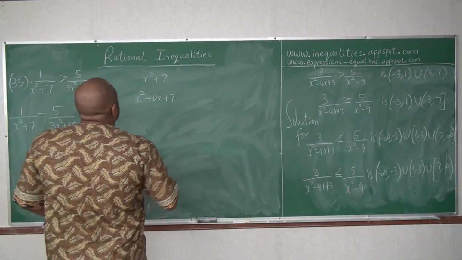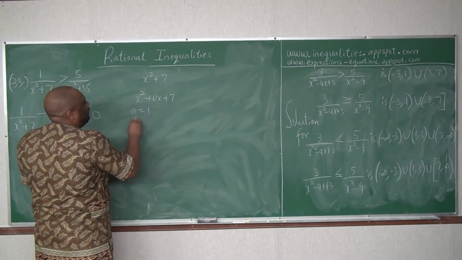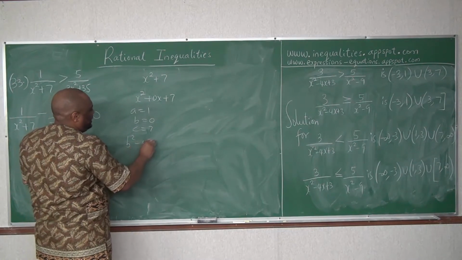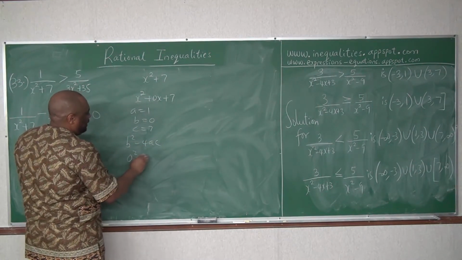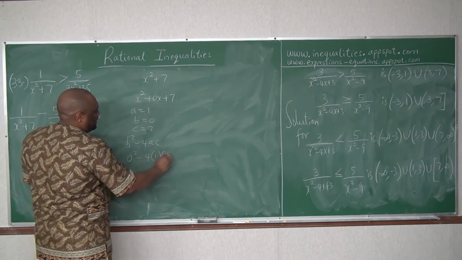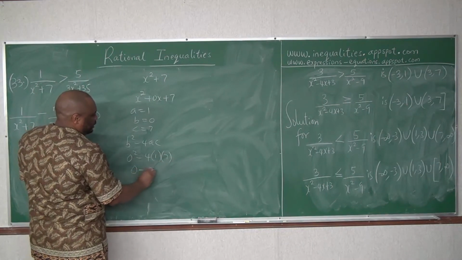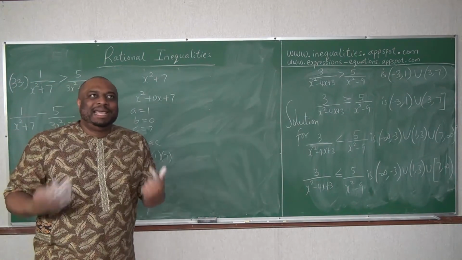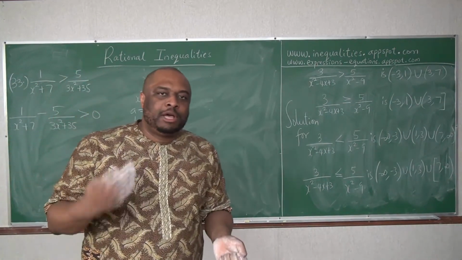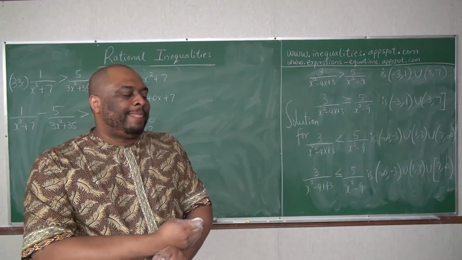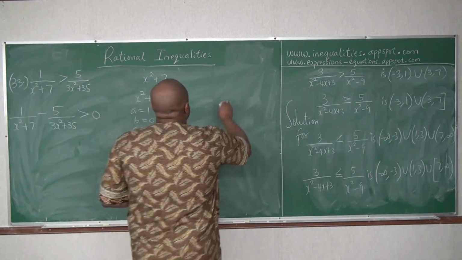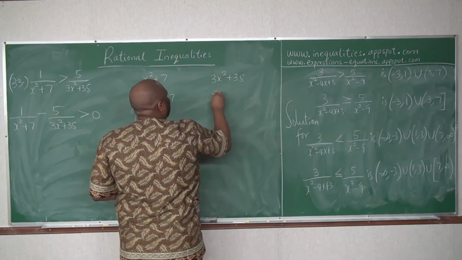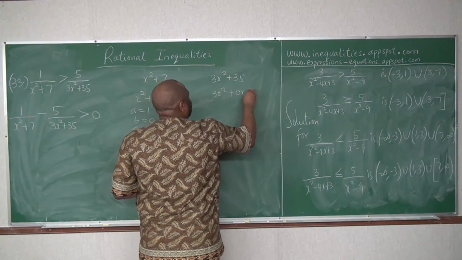So A is 1, B is 0, C is 7. B squared minus 4AC will be 0 squared minus 4 times 1 times 7, 0 minus 28, minus 28. Discriminant is negative. It will give us complex roots. The next one will be the same thing, 3x squared plus 35. So this is 3x squared plus 0x plus 35.